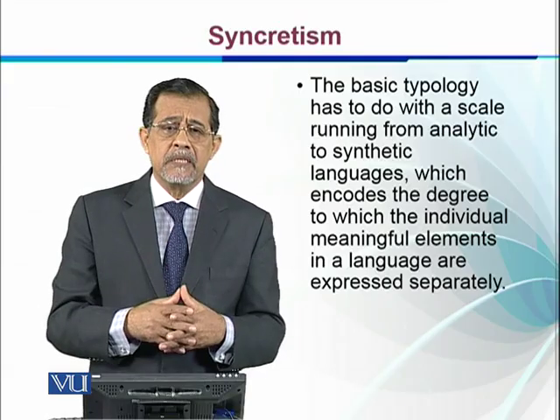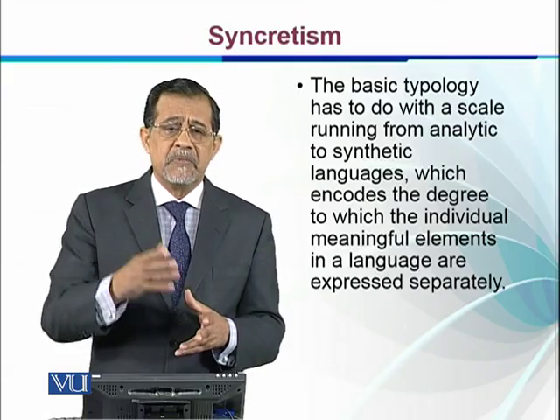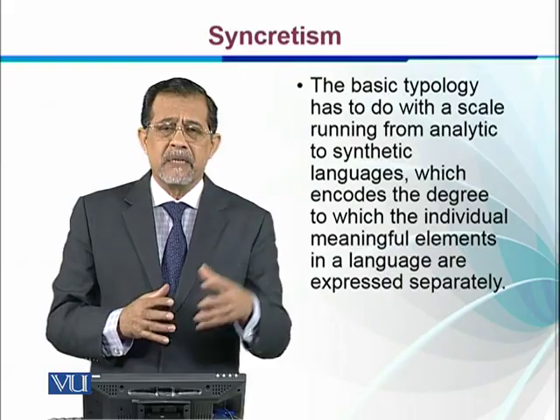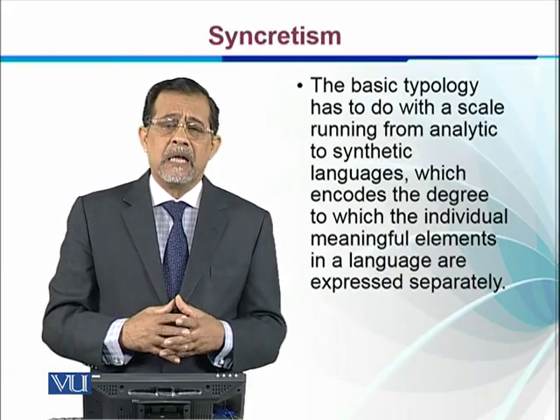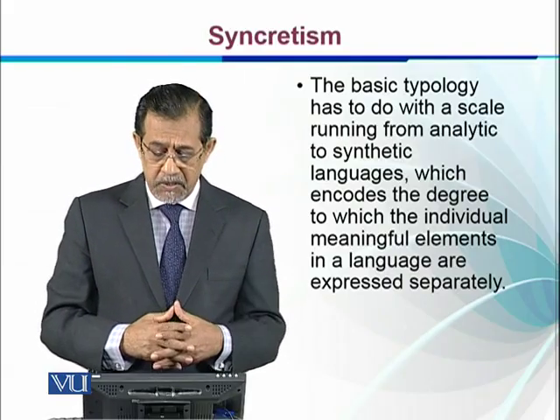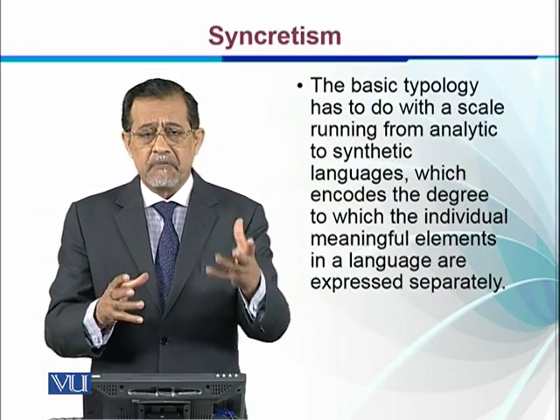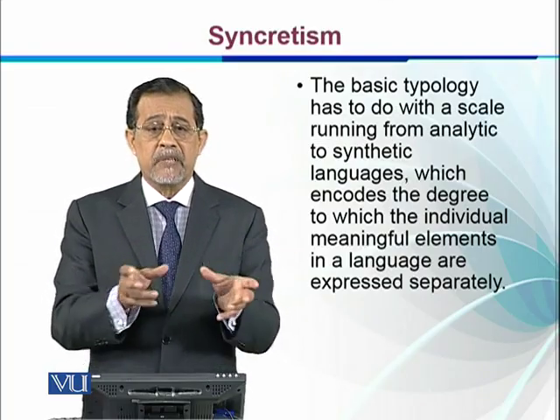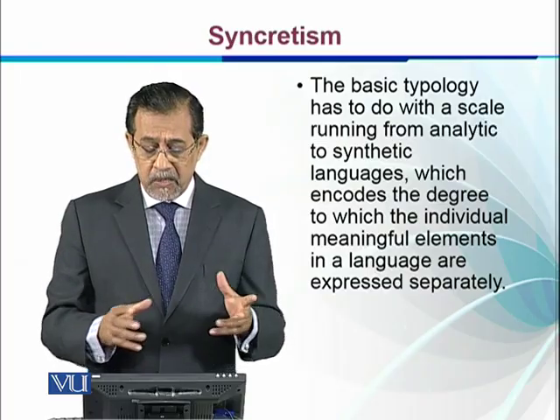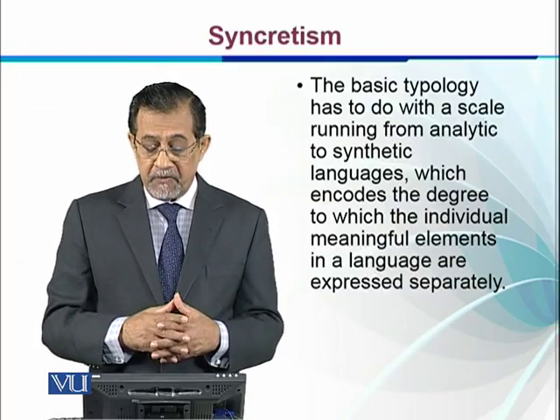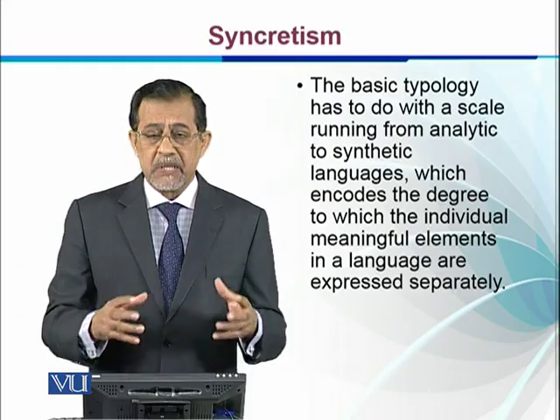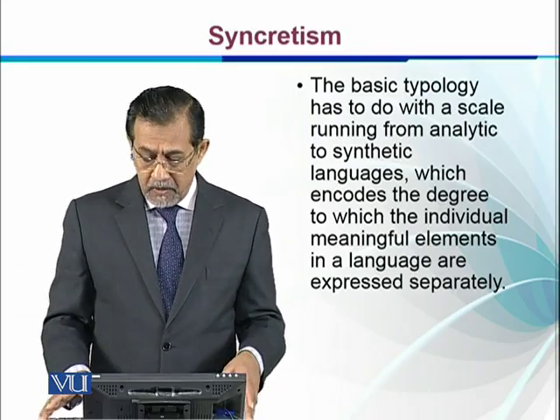For example, for analytic languages, the example is English, and for synthetic languages, Greek and Latin. So there are different languages that we find. We are going to discuss different types of languages, which encode the degree to which the individual meaningful elements in a language are expressed separately.